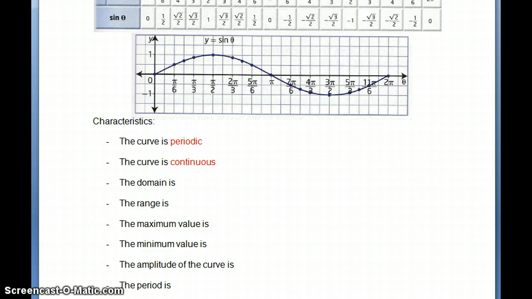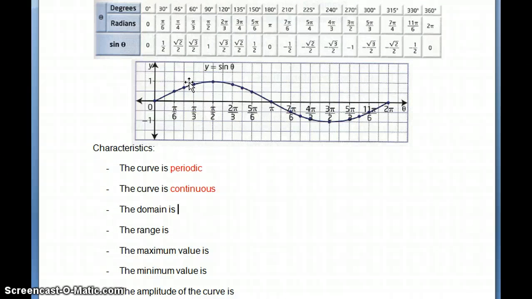Here we can say that the domain, if we want to go with a general graph of y is equal to sine of theta, would be that theta is an element of all real numbers. If you were just looking at this example, it's clearly only from 0 to 2 pi, but let's do a general case here.